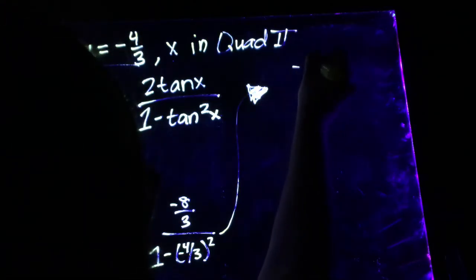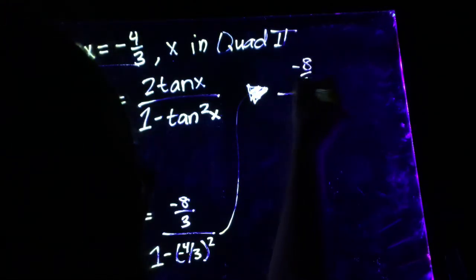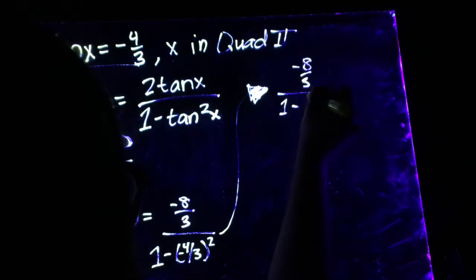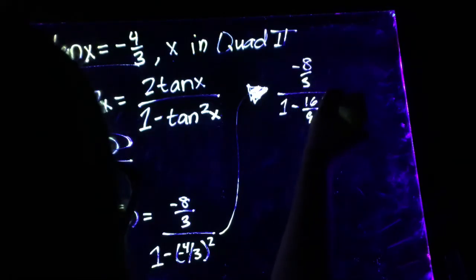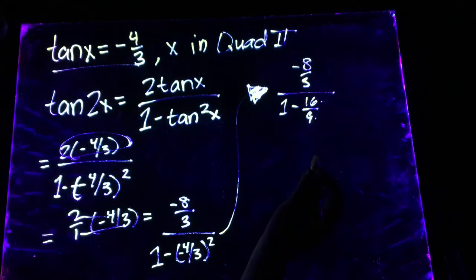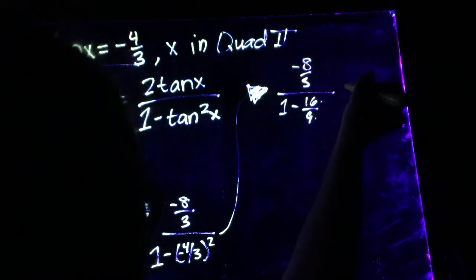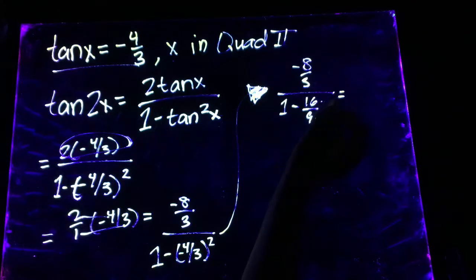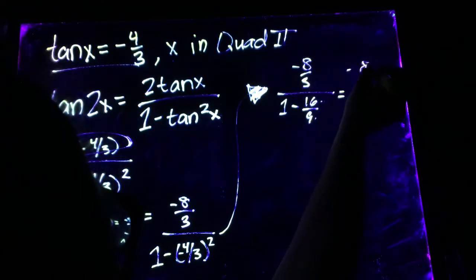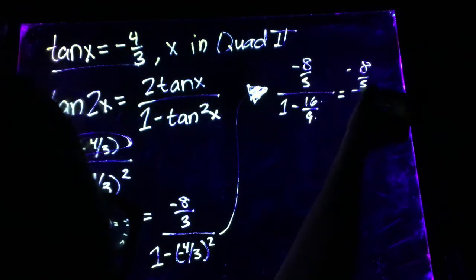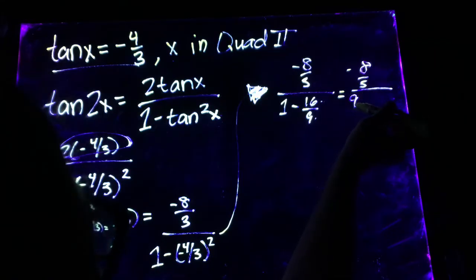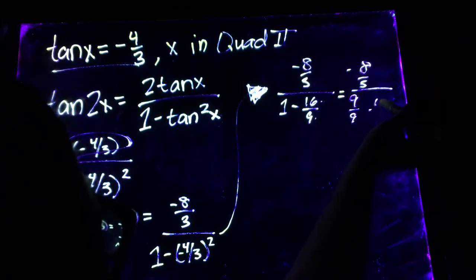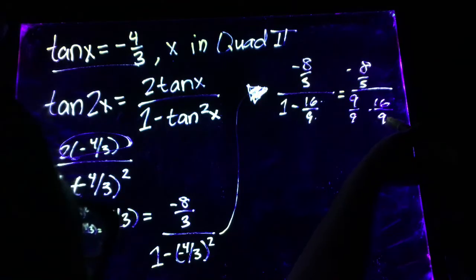So you're left with negative 8 over 3 over 1 minus 16 over 9, because you square the top and you square the bottom. And this 1 can be rewritten as 9 over 9. So we're left with negative 8 over 3 over 9 over 9 minus 16 over 9.